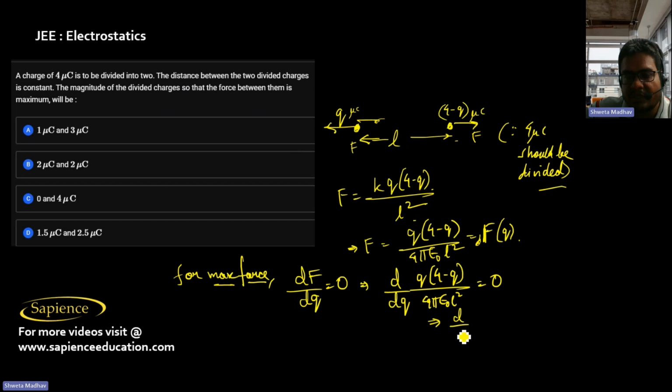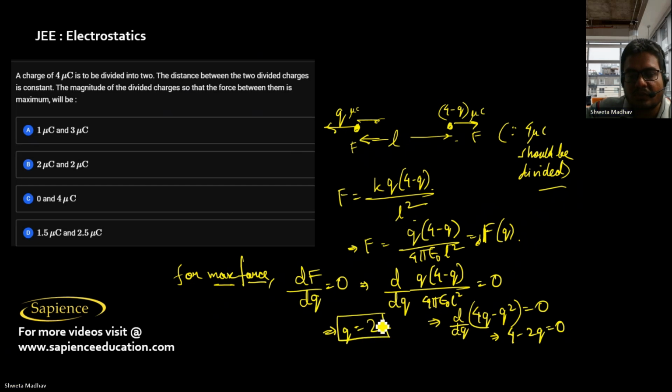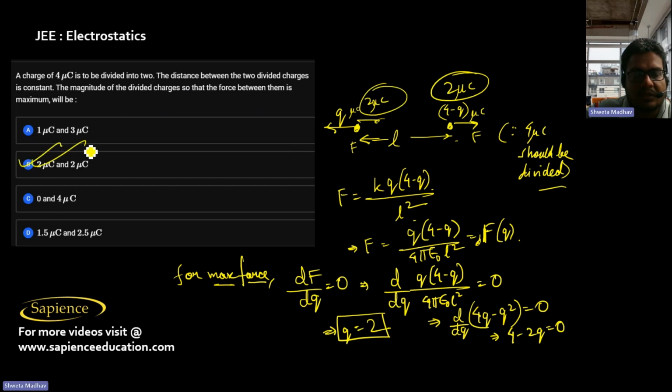Therefore d by dq of 4q minus q square equals 0, so 4 minus 2q equals 0. It means q should be equal to 4 by 2, that is 2. So the charges should be equally divided into 2 microcoulomb and 2 microcoulomb. So option B is the correct answer.